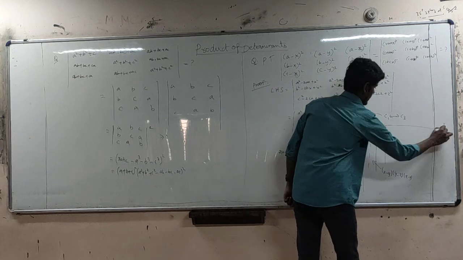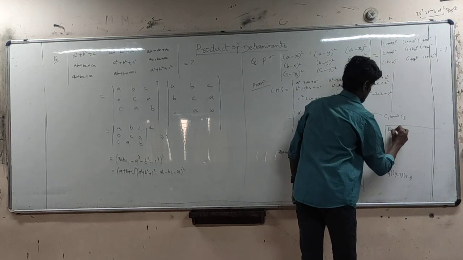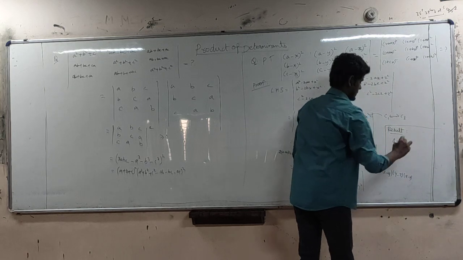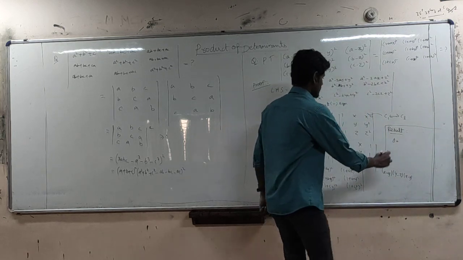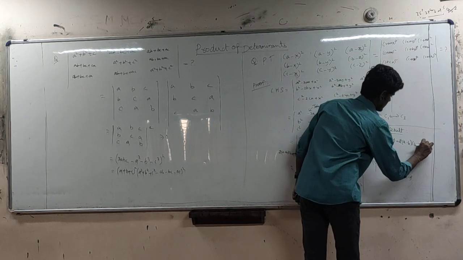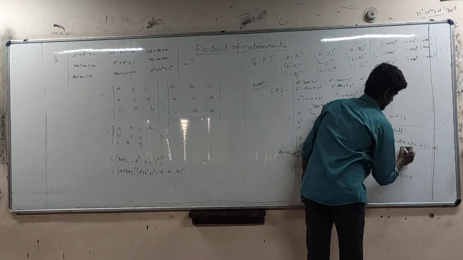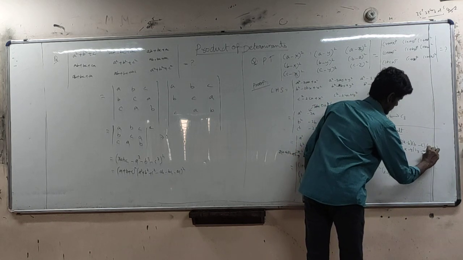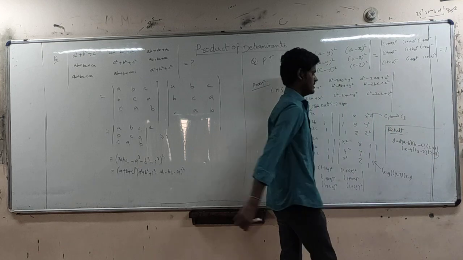So I am writing the result. Answer equal to 2 times (a minus b)(b minus c)(c minus a) into (x minus y)(y minus z)(z minus x).